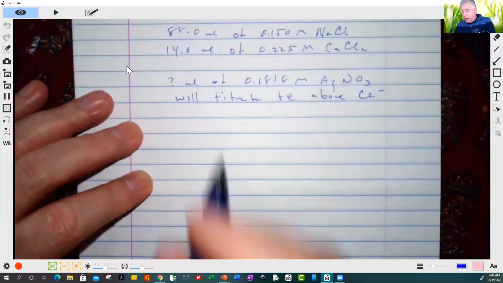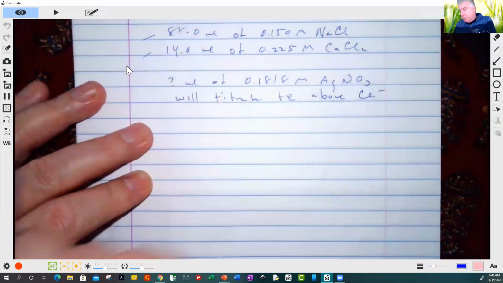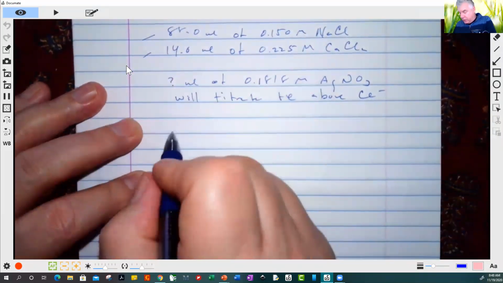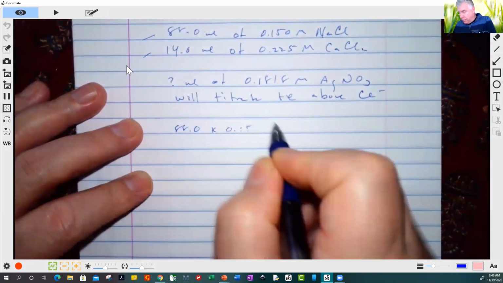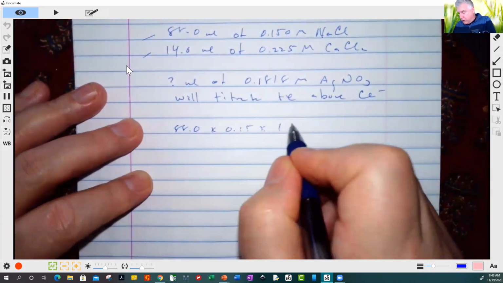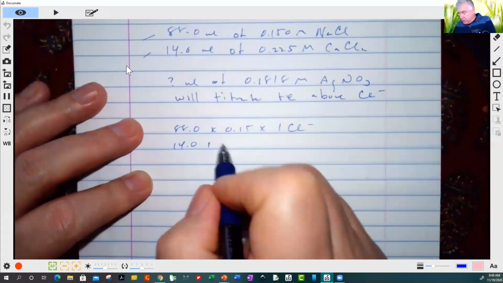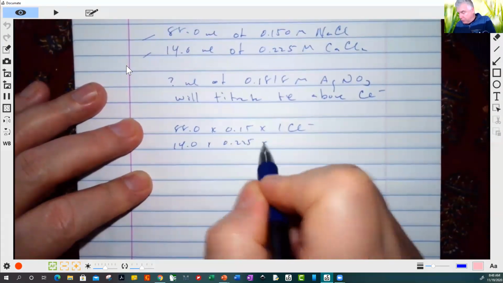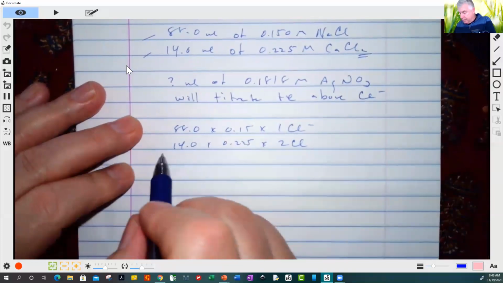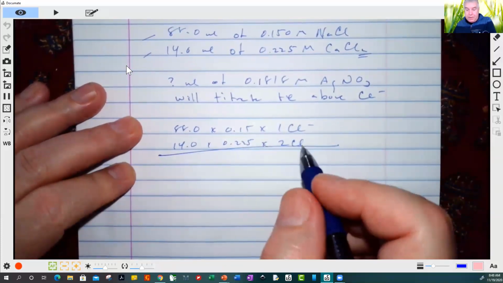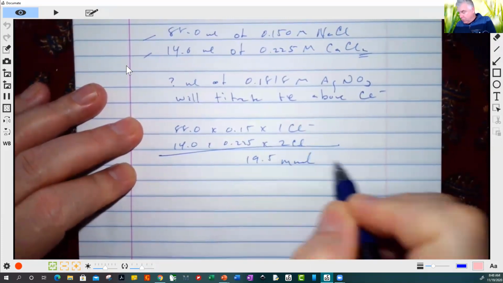So in order to do this, we're just going to calculate the total millimoles of chloride from these. So it's 88.0 times 0.15 times 1 chloride plus 14.0 times 0.225 times 2 chlorides for CaCl2, right? Add these up, we get 19.5 millimoles of chloride.